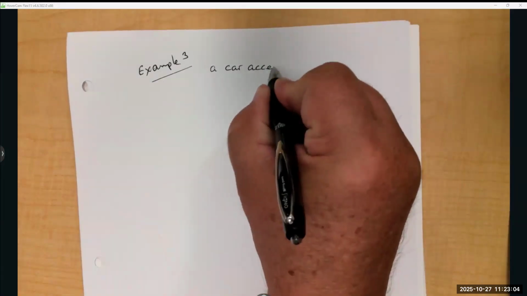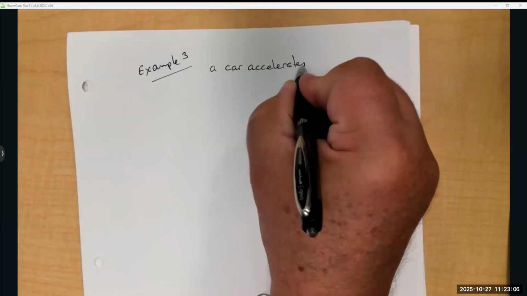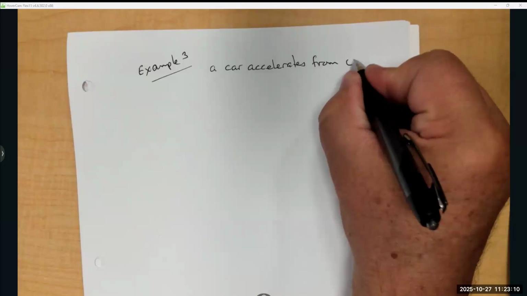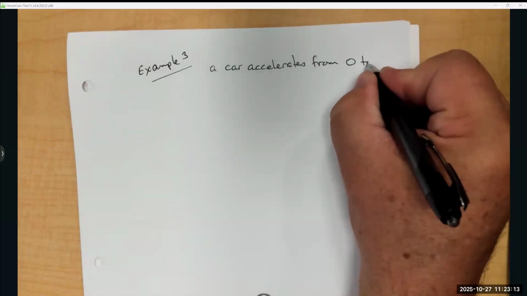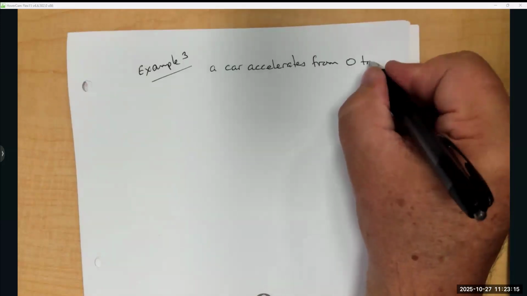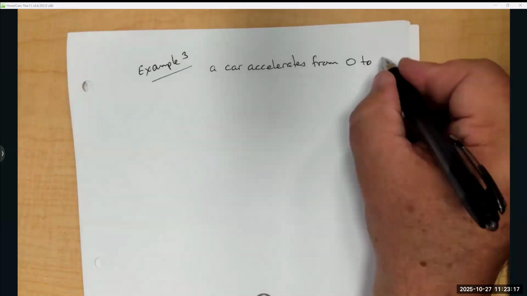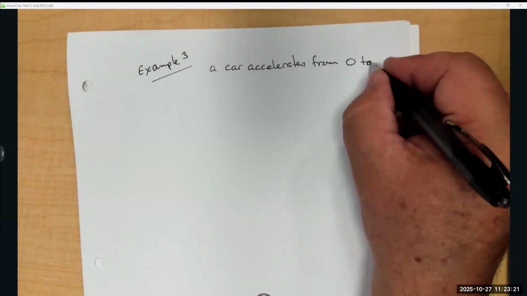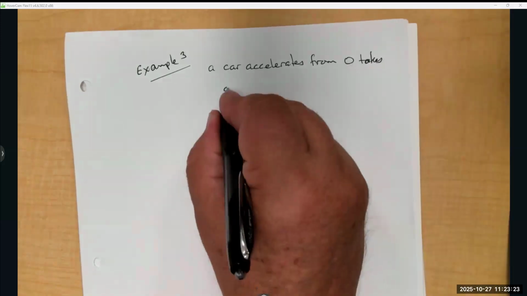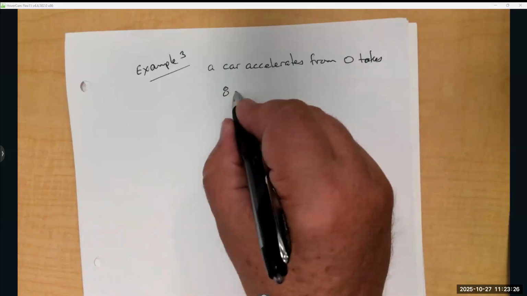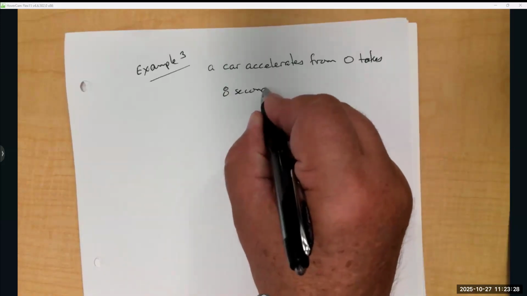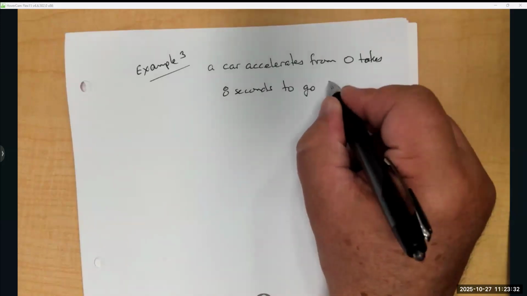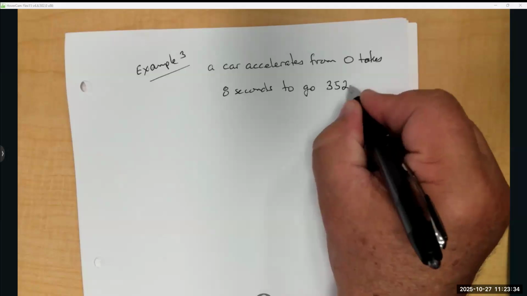A car accelerates from 0. It takes 8 seconds to go 352 feet.